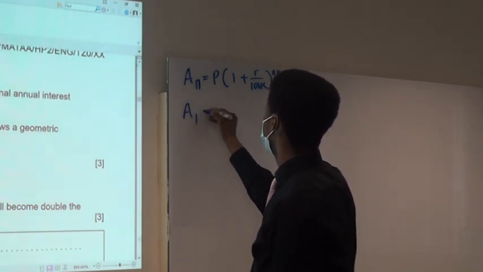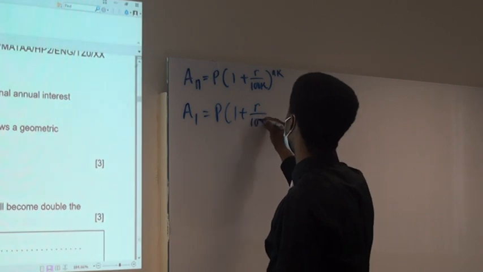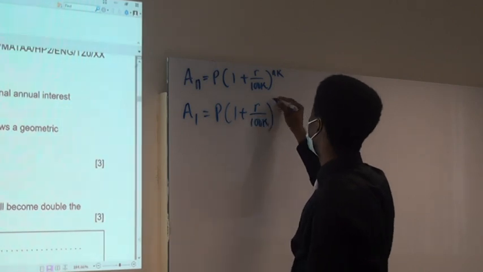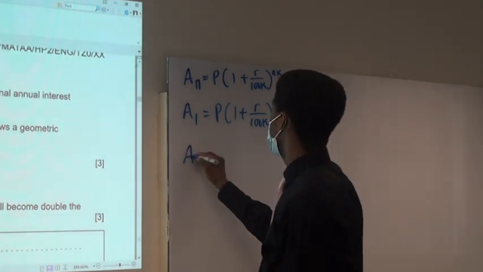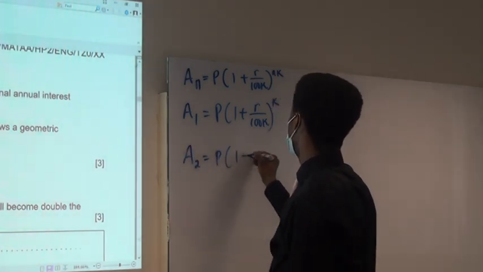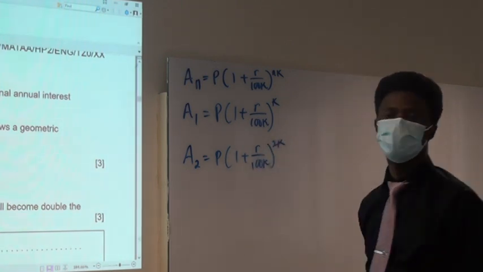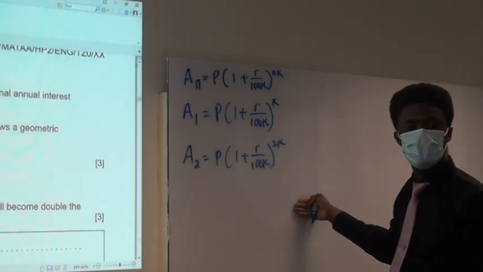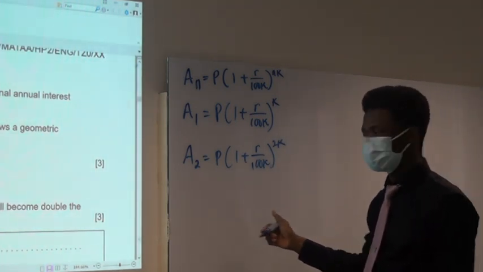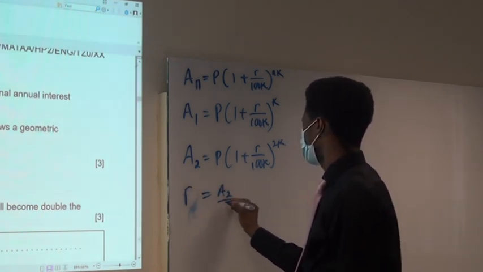At the end of the first year, you have P(1 + R/100K) to the power K. At the end of the second year, you have P(1 + R/100K) to the power 2K. And if you have been told that all this follows a geometric sequence, the common ratio is definitely A2 divided by A1.